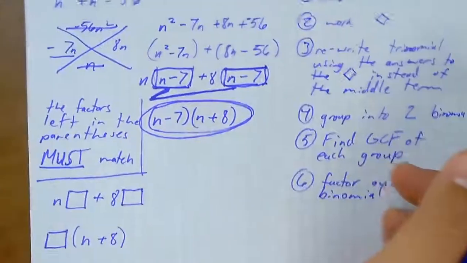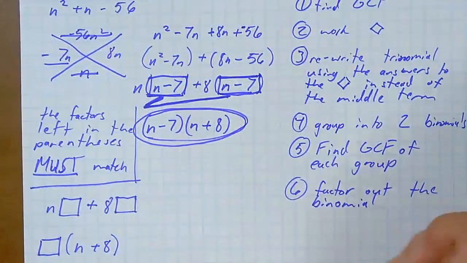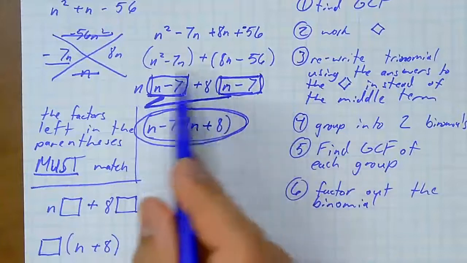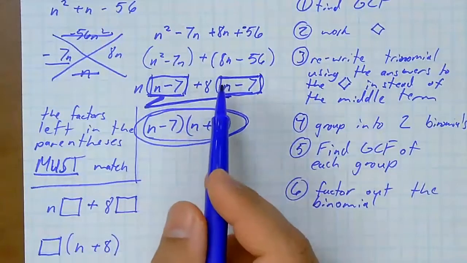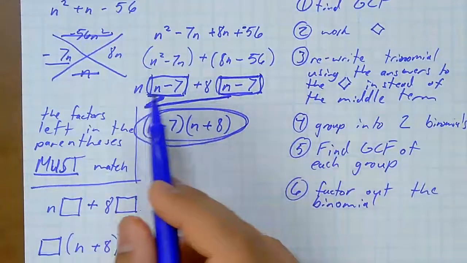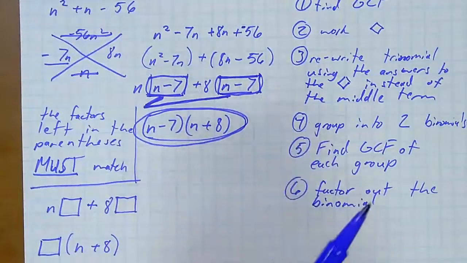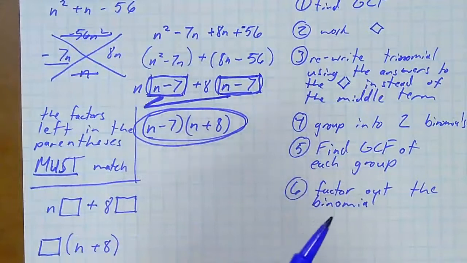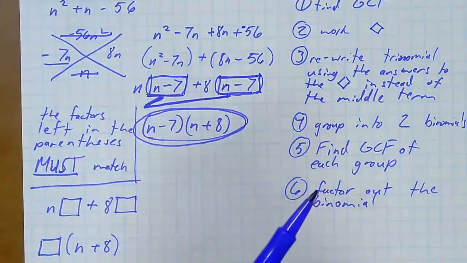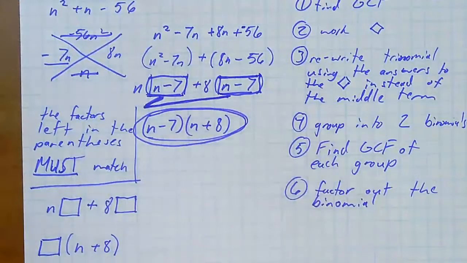Okay, this is a little tricky. This last step is really the part that's tough for a lot of students. We're factoring out a whole binomial as opposed to just a small term. We're used to factoring out 2 or 4 or even 2x, but binomial is what's new.